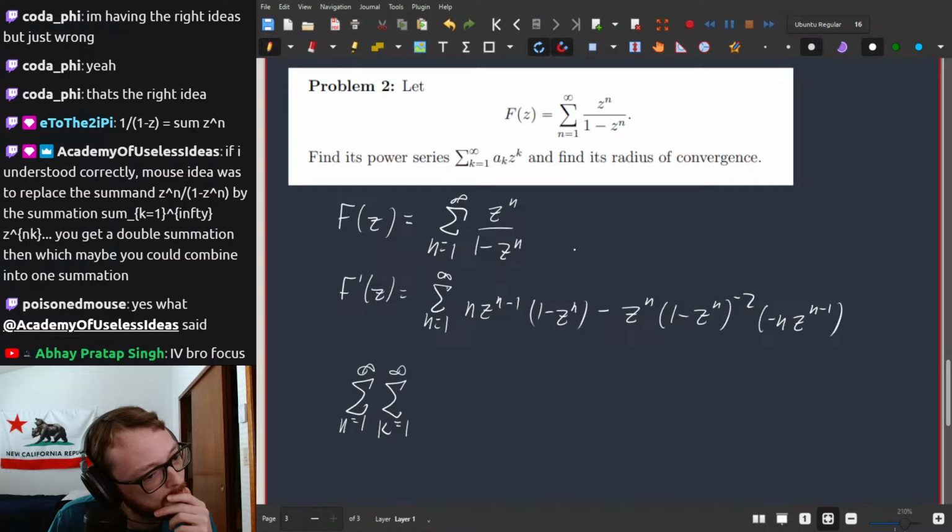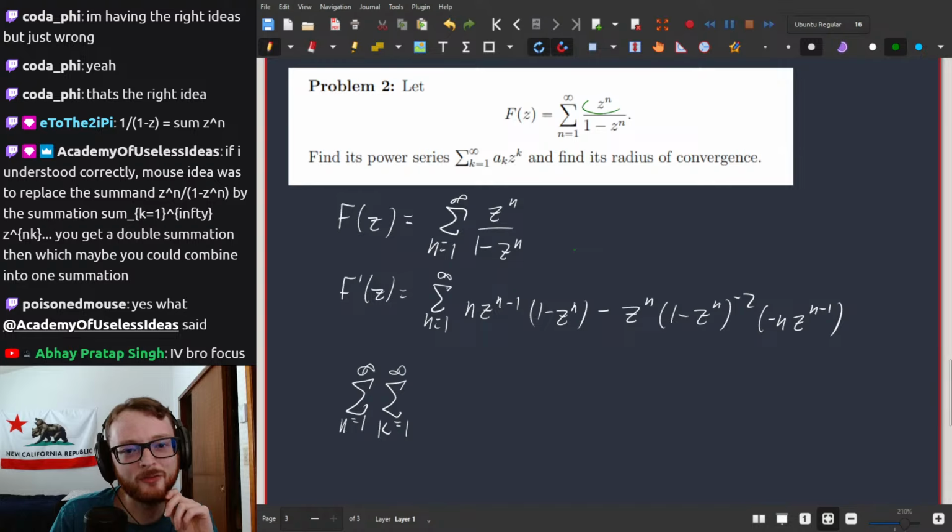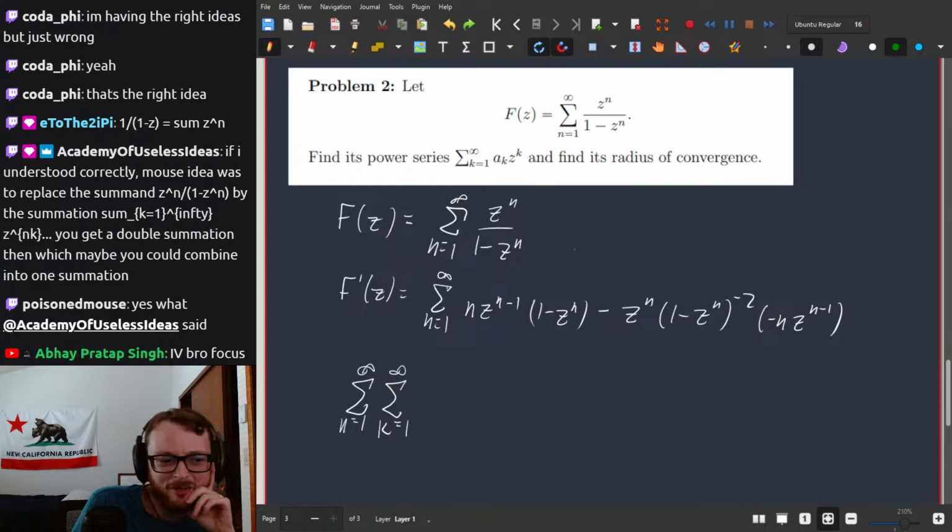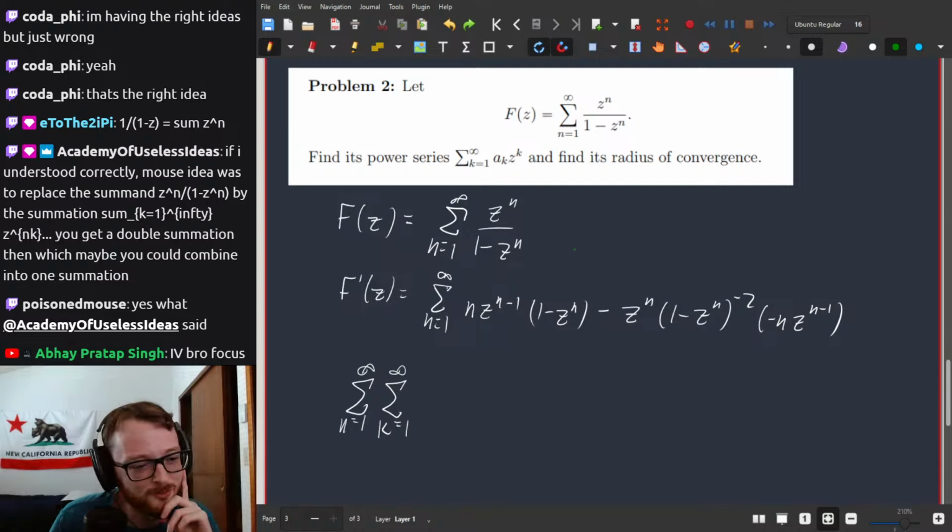So... Well, this is a geometric... No, I don't understand this manipulation.